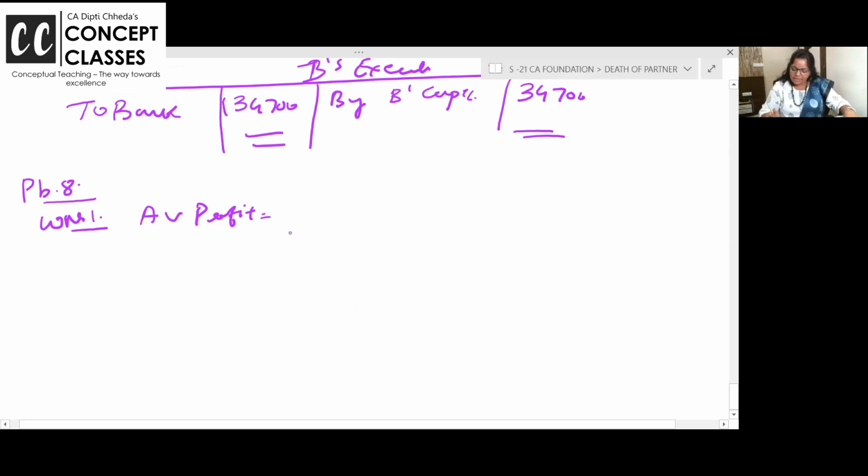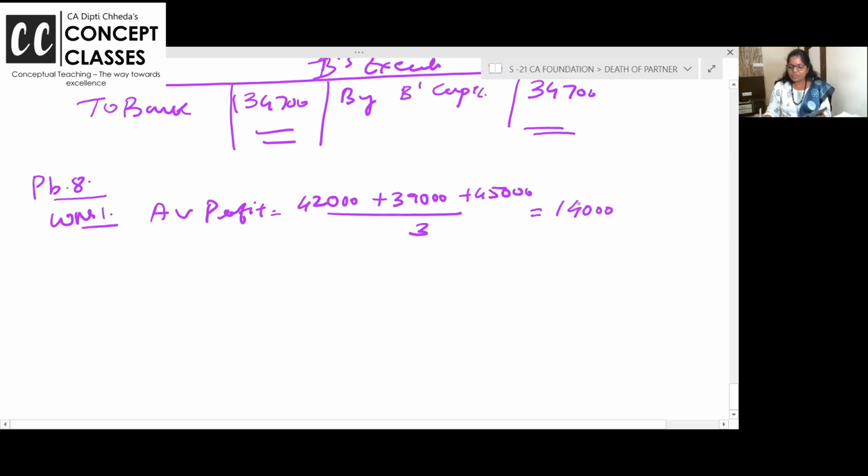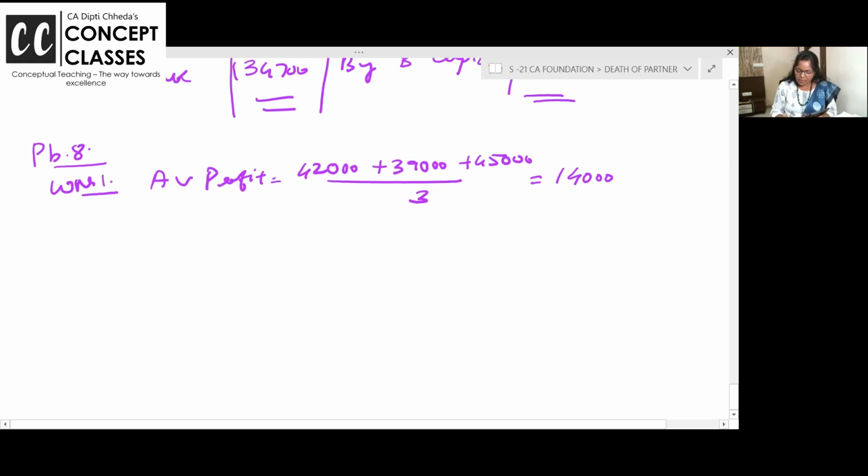Pick up your calculators or write it down, it takes 2 minutes. 42,000 plus 39,000 plus 45,000 divided by 3. So the average profit is coming to 42,000. Now, give him the share of profit.